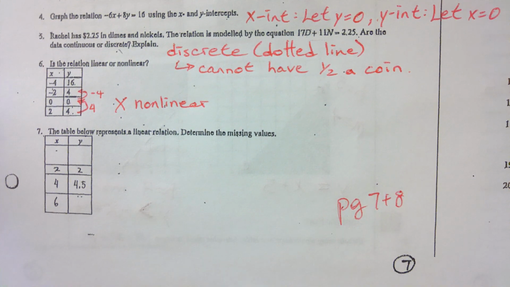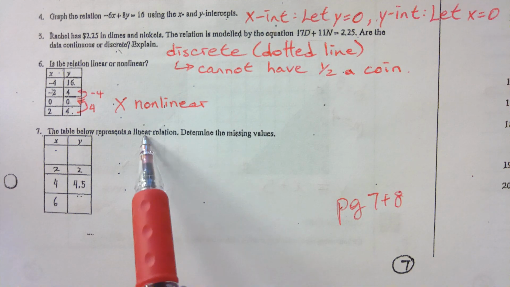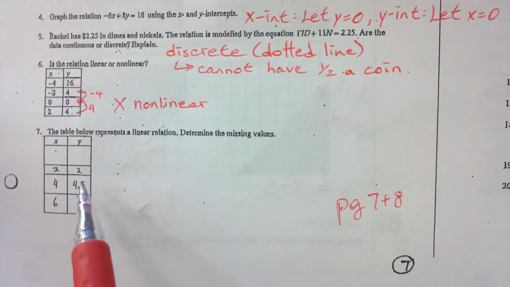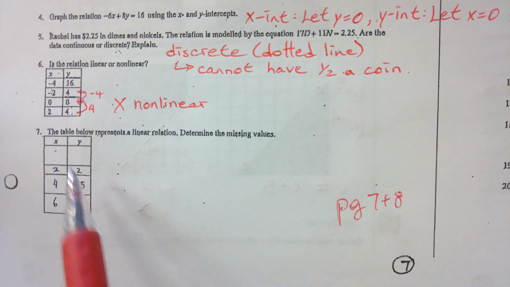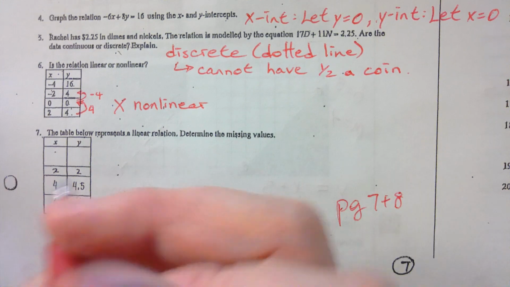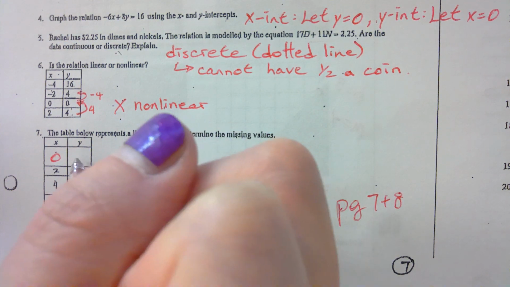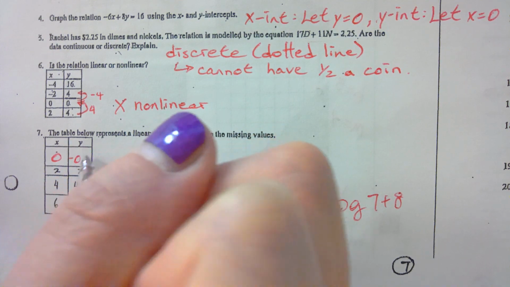Okay. Number 7, I'm telling you that it is linear, which means that all the differences between the numbers should be the same. So determine the missing values. Bessie, since you did all the homework, what did you get for these 3 blanks? The first one I got 0, and then negative 0.5. Good.